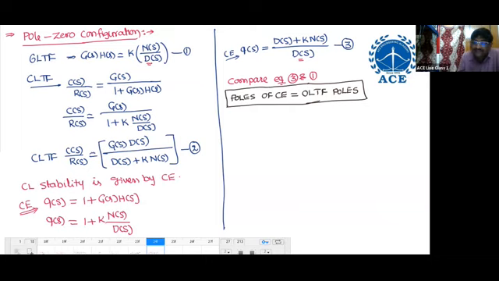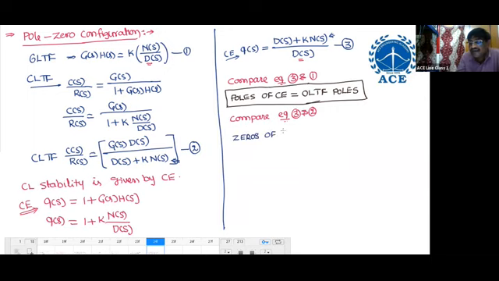Next, compare equation 3 and 2. If you compare 3 and 2, what is the same? The numerator term in 3 and the denominator term in 2. Here the numerator is called the zeros of the characteristic equation.